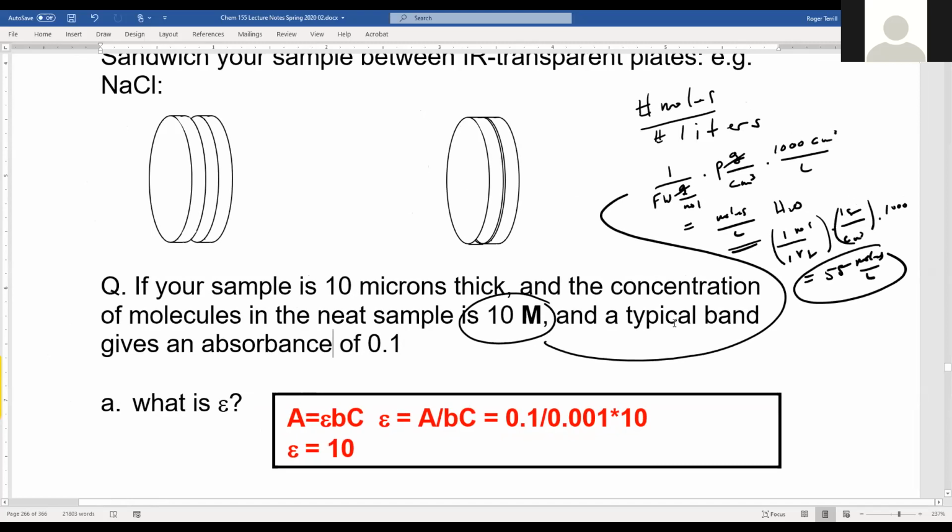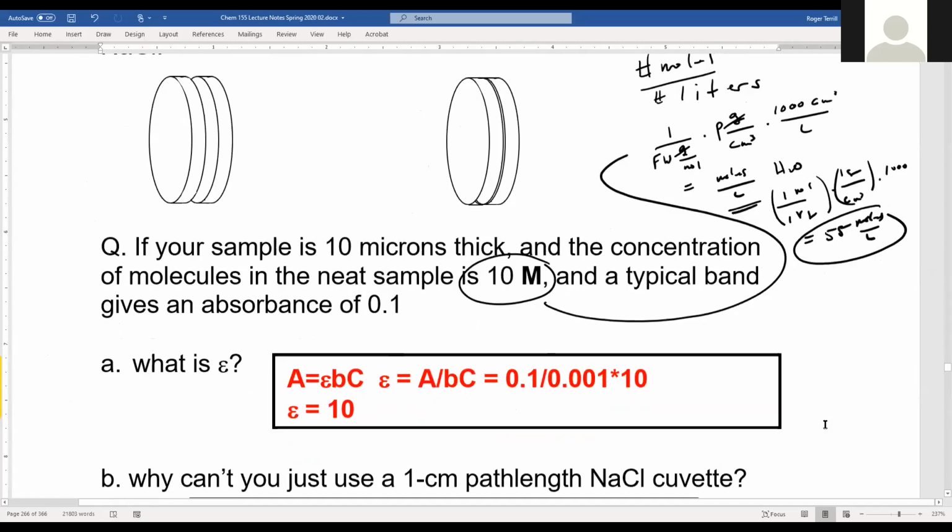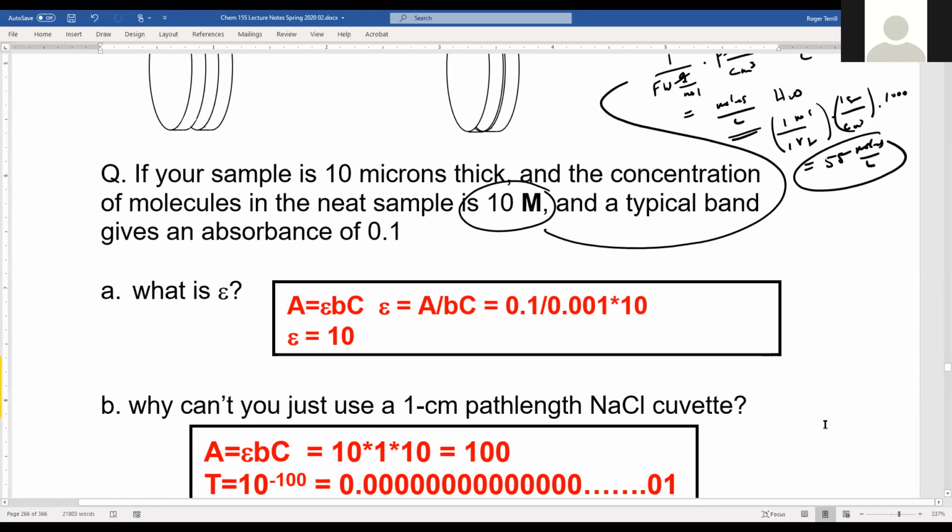And so for example, if you have a neat solution and a 10 micron sample gives an absorbance of 0.1, then you can put in these values. So the absorbance of 0.1 is here.